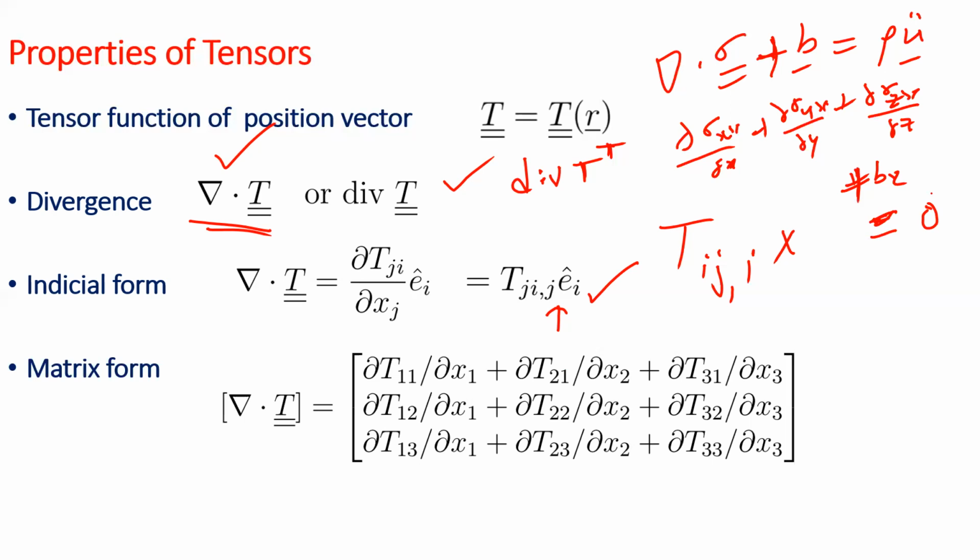When they write such an equation, instead of writing div σ, they will say div σ transpose. Those references which define divergence of a tensor as something of this style or Tij comma j, when they write this actual divergence, this particular variable becomes sigma transpose, or the tensor transpose. So you'll have to be careful if you are following any other book of that kind.